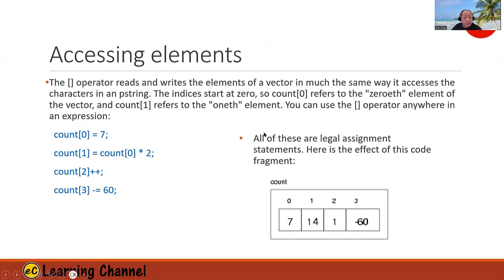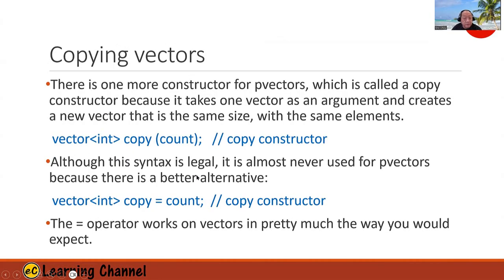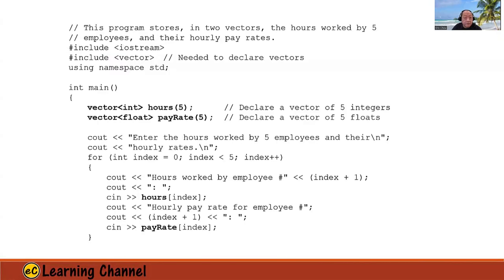Accessing elements is similar to an array, so we do not spend time talking about it. You can do a copy of an array using the copy constructor that we talked about. Here we have a vector of integer and a vector of row.